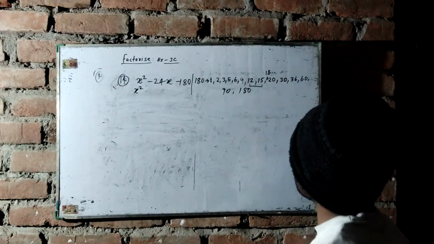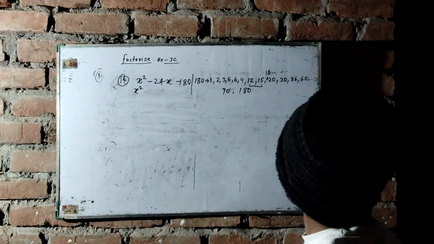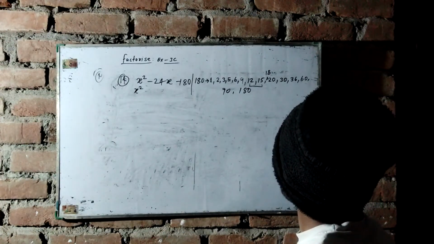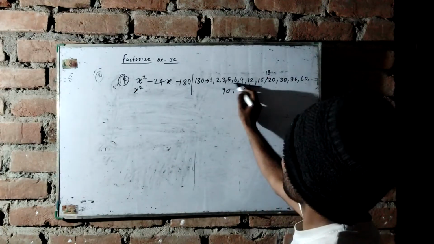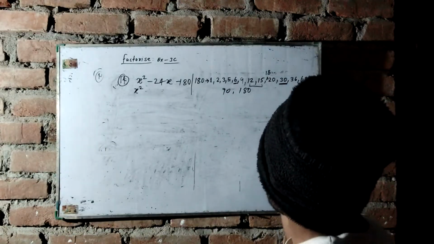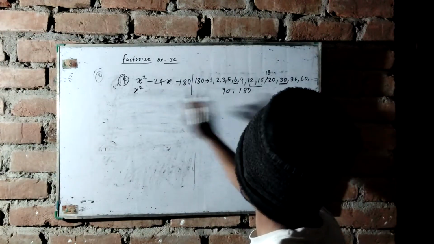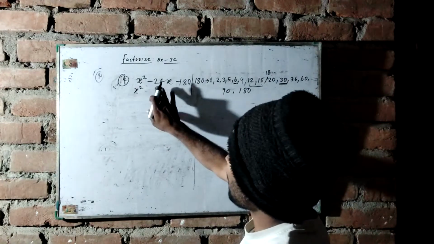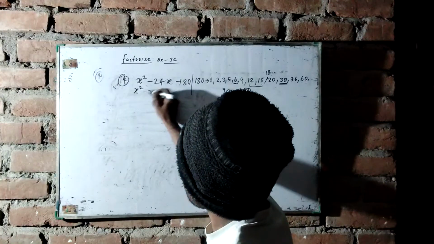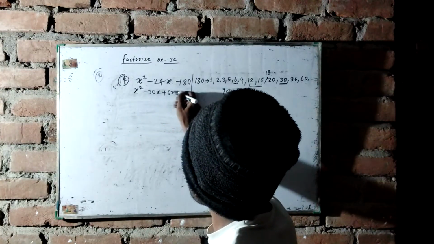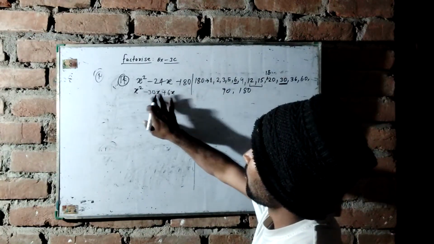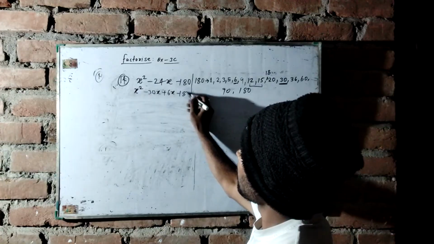Now choose two numbers. So we can take 6 and 30, whose difference will be minus 24 and product will be minus 180. So minus 24x can be written as minus 30x plus 6x. Now because their sum will be minus 24 and their product will be minus 180.